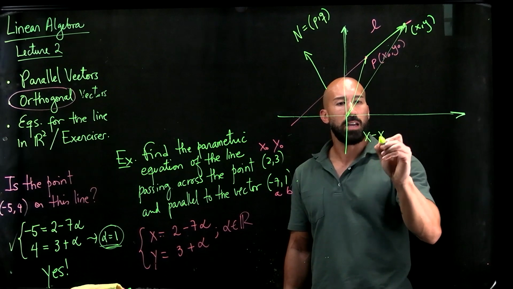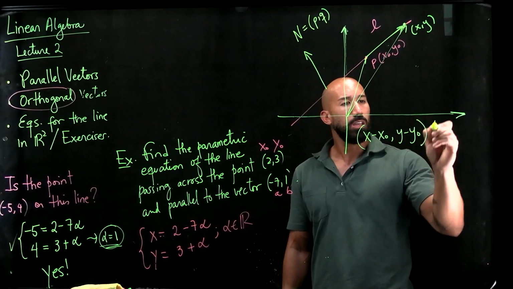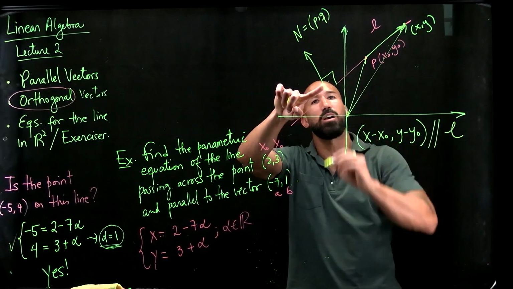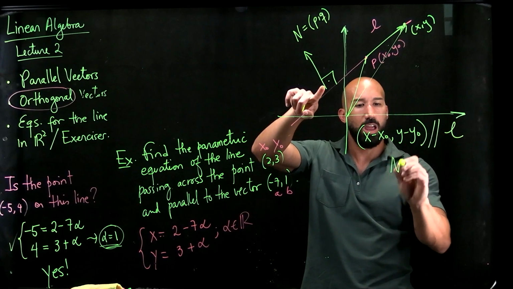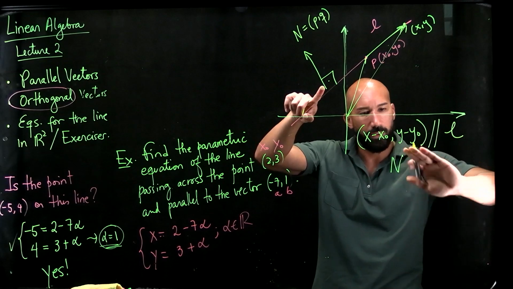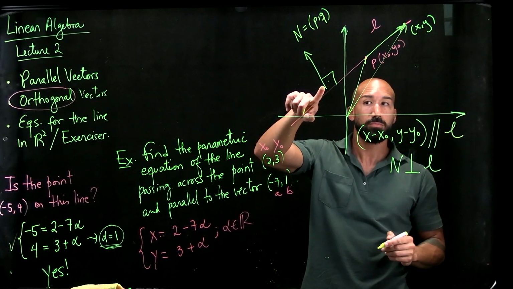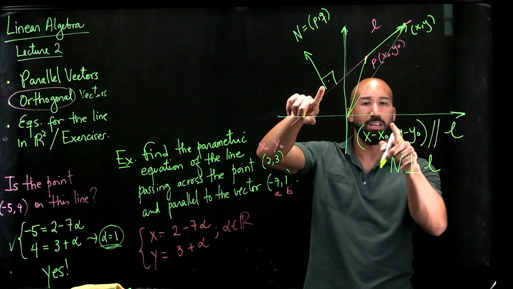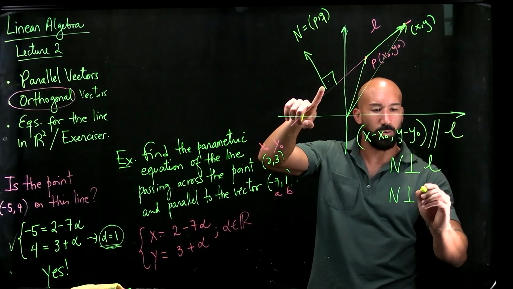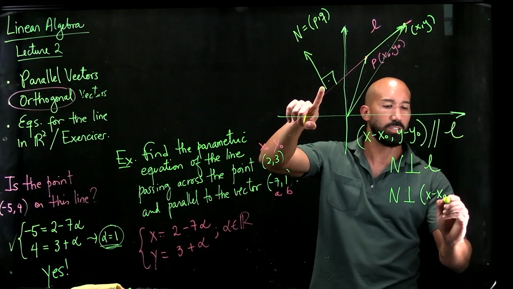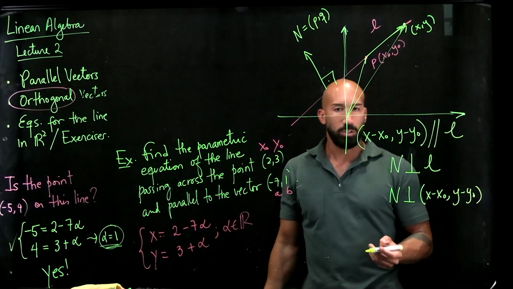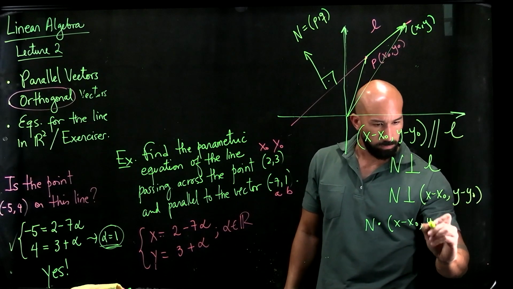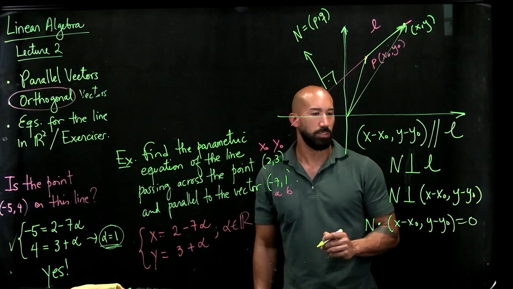So x minus x0, y minus y0 is going to be parallel to the line L. But N is perpendicular or orthogonal to the line L. But if N is perpendicular to the line L, and L is parallel to this vector, N is orthogonal to x minus x0, y minus y0, which is telling us that the dot product of these two vectors is 0. Is that okay? It's 0.